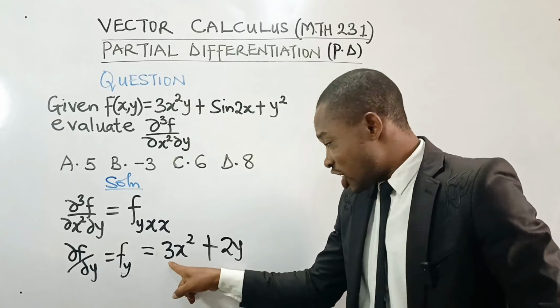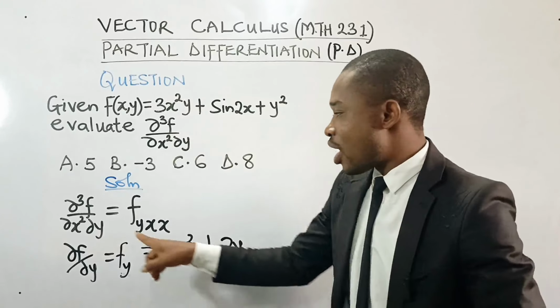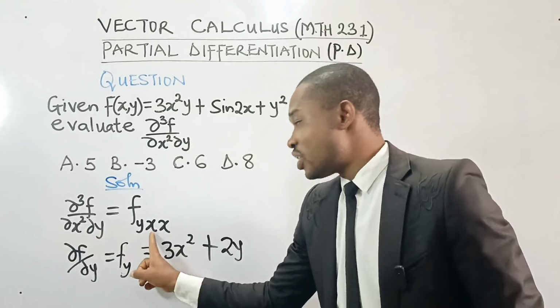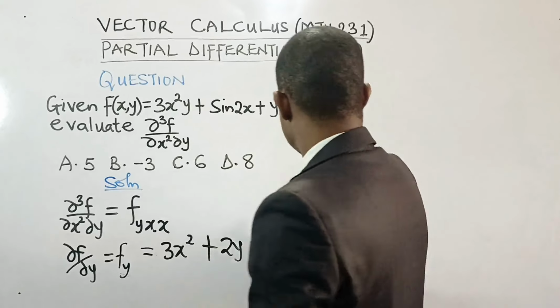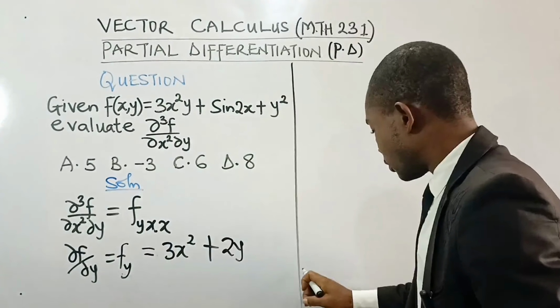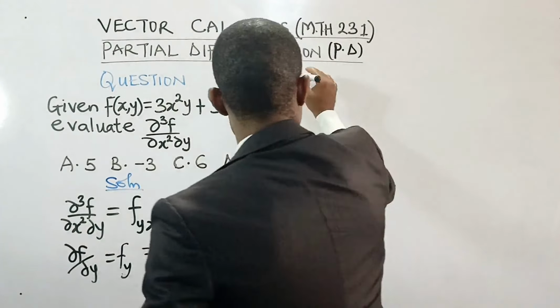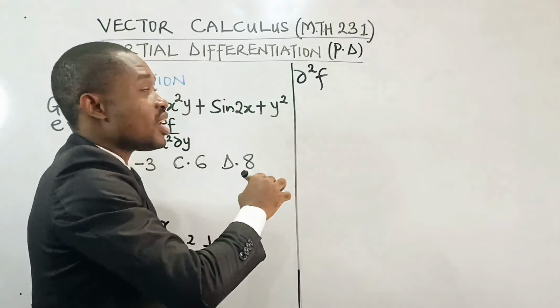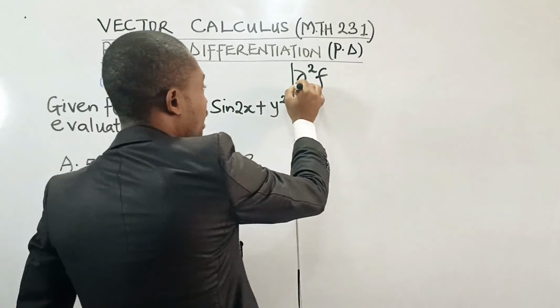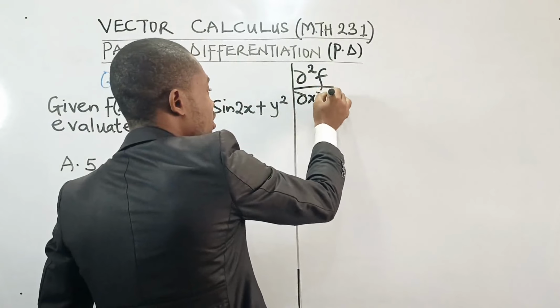We shall now differentiate this function. This time around with respect to x. Are you following, right? So let us do that and see. This function, we are differentiating with respect to x. So I shall be evaluating the second derivative of that function f, written as del squared f over del x del y.